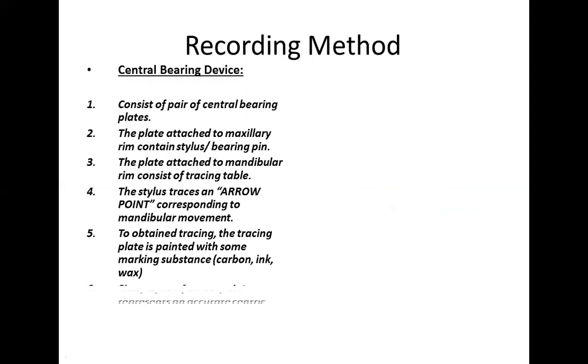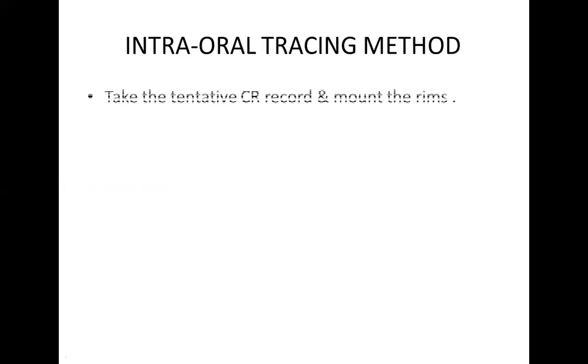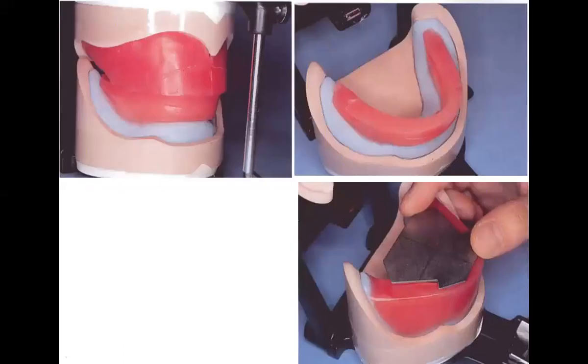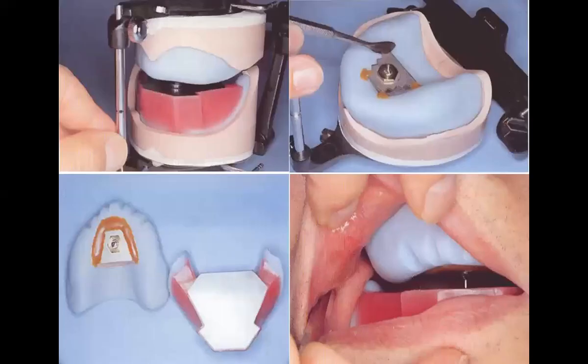For this method, you need one device that is called the centric bearing device. What kind of device is it? It is not that clear in this picture, I will show you ahead. It is like this. One plate will be like this. You would have this metallic plate just like this, and the other plate used to have a screw like this.